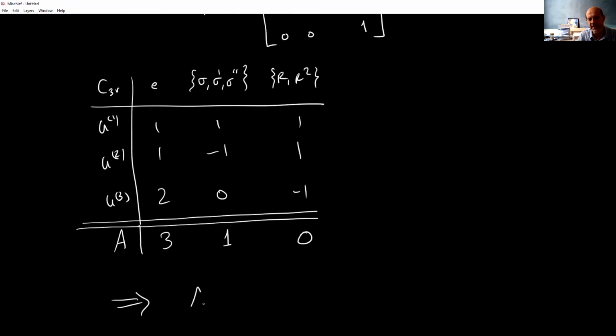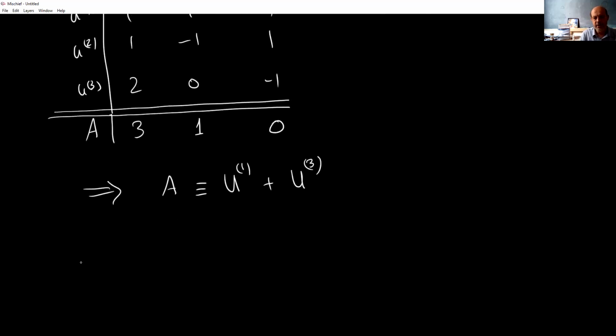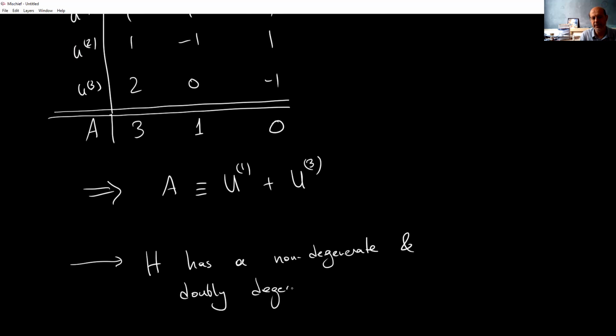So therefore, the A is a direct sum of U1 plus U3. Okay, which means H has a non-degenerate and doubly degenerate eigenvalue.